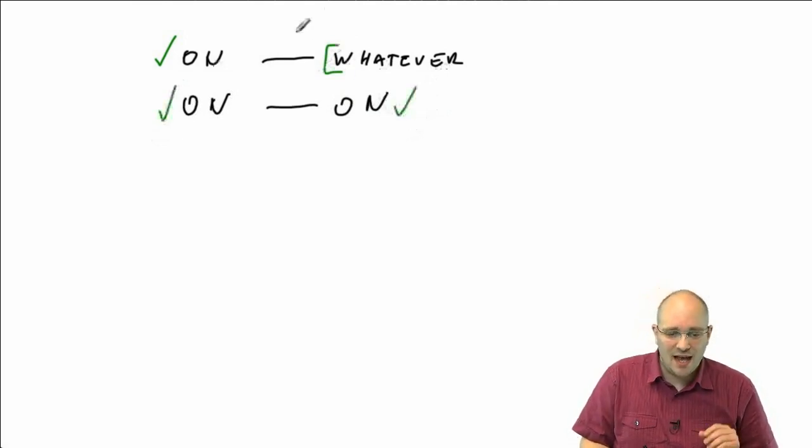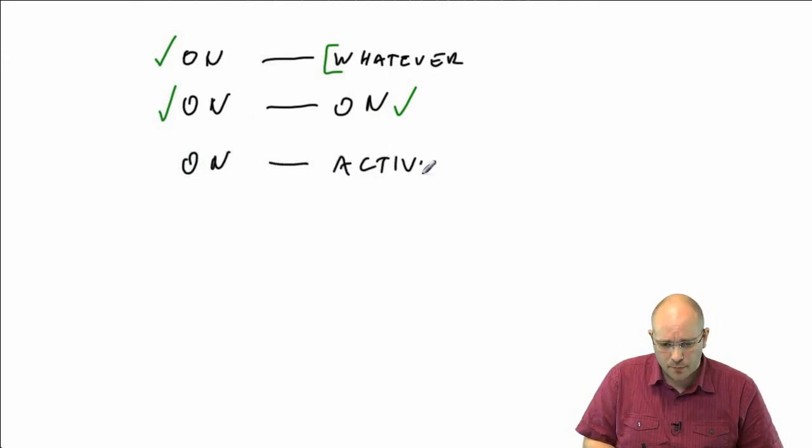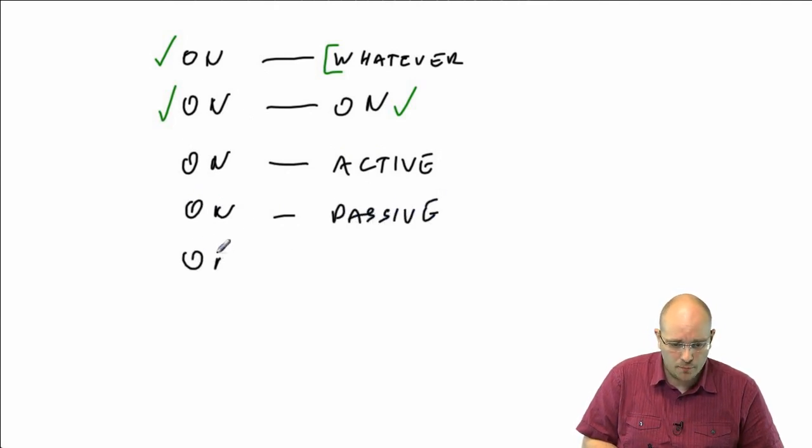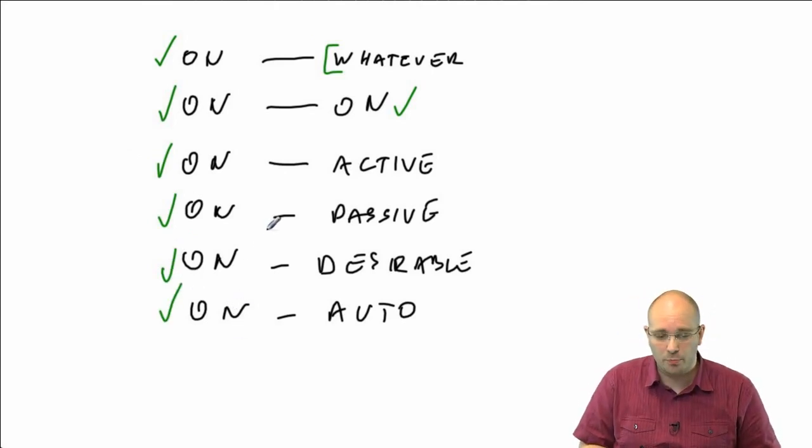But in a case that we had on and something else, like for example, on and active, or on and passive, or on and desirable, or on and auto, on this side of the EtherChannel, where we have on configured, EtherChannel will be operational.